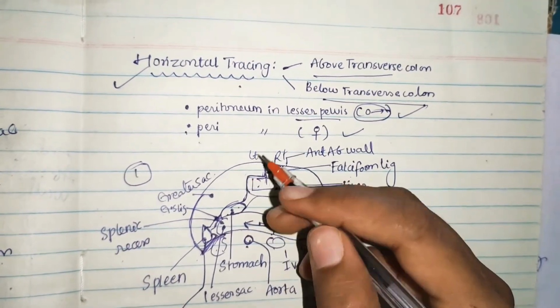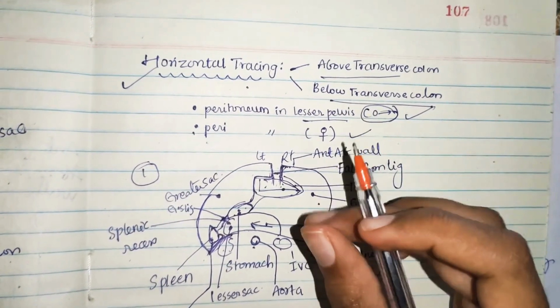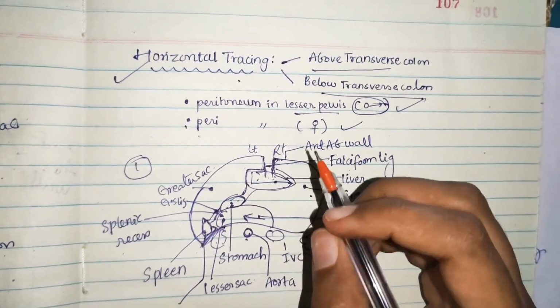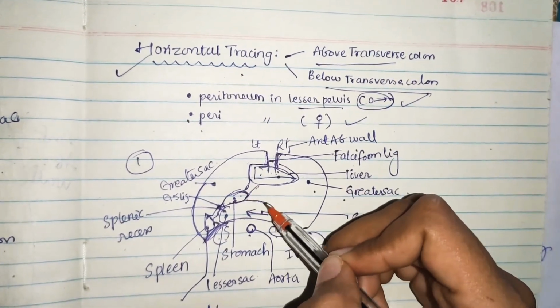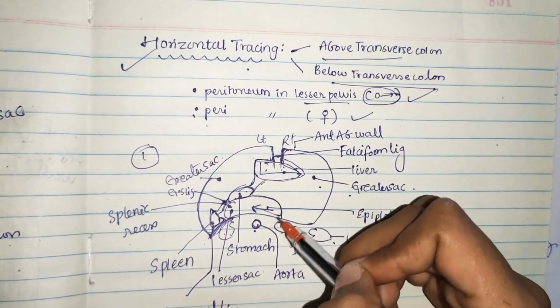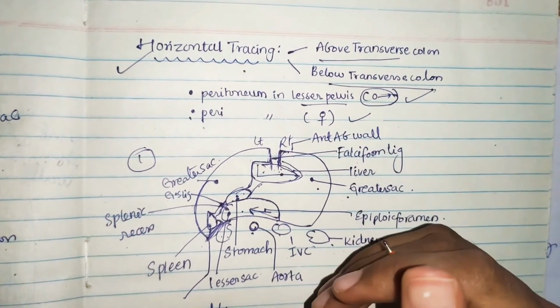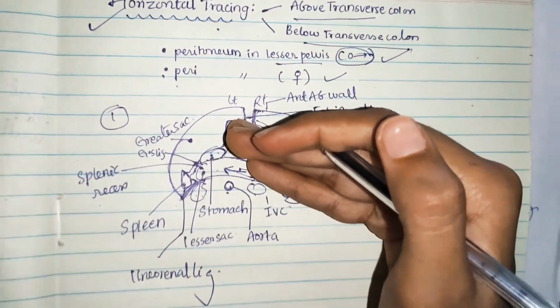So that's it. So note that over the great part of their extent, these reflections form boundaries of lesser sac. So as this is passing like this, it is forming reflections of lesser sac in the middle like this. So that's it. This is all about horizontal tracing above the transverse colon.